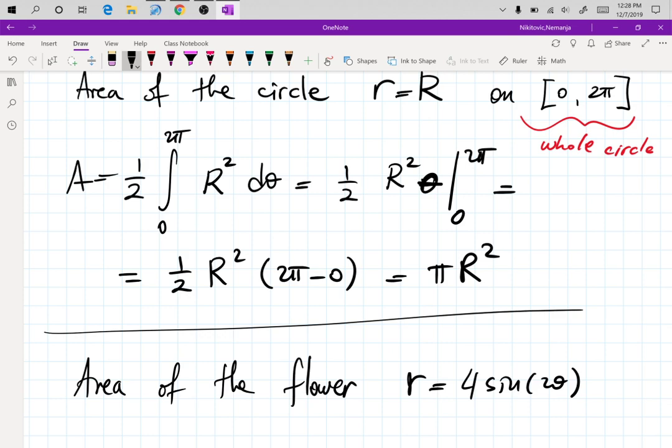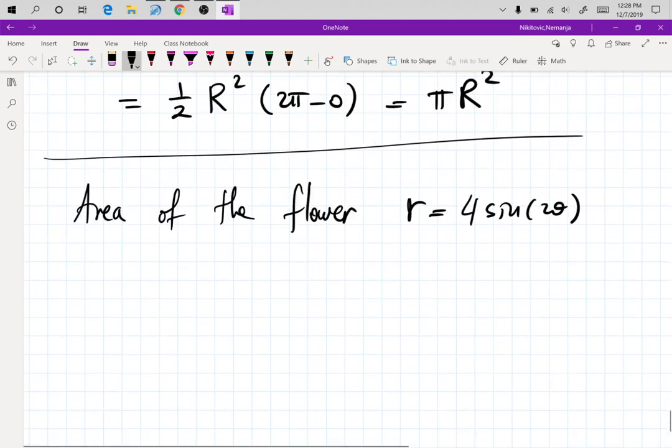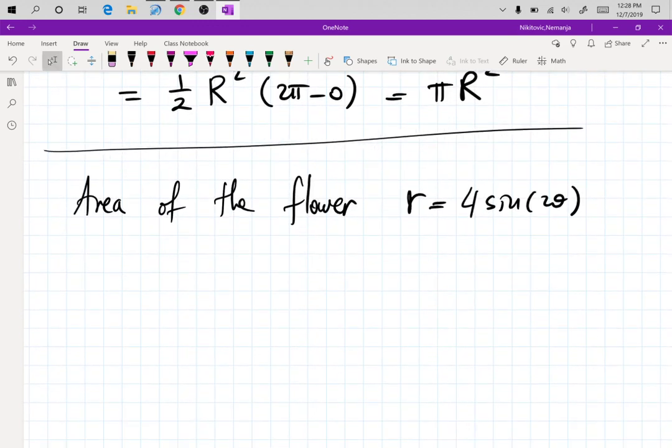We had this example for graphing, for conversion, for derivative of tangent line, and now we have it for the area. So you are absolutely getting a PhD in this example. And I want the whole flower, which means 0 to 2 pi.